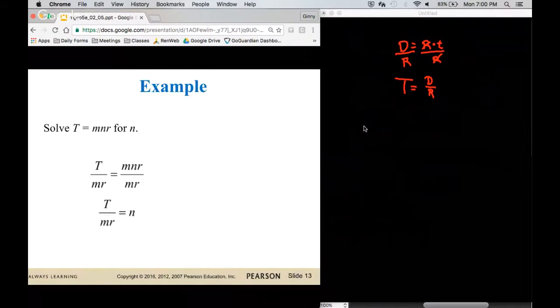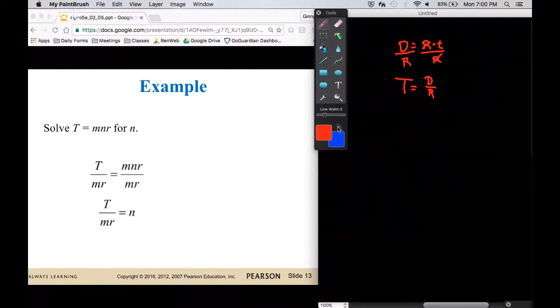All right, so you have this equation. You're solving this formula for n. Okay, now I put these dots here to remind you, whenever you have all of these right next to each other, it's the same thing as multiplication.